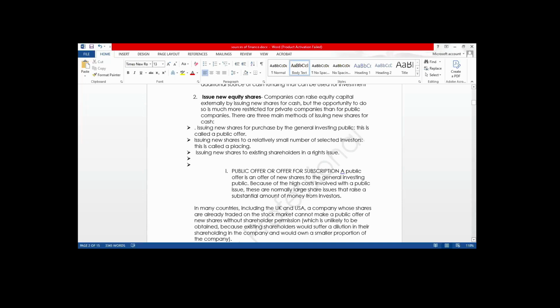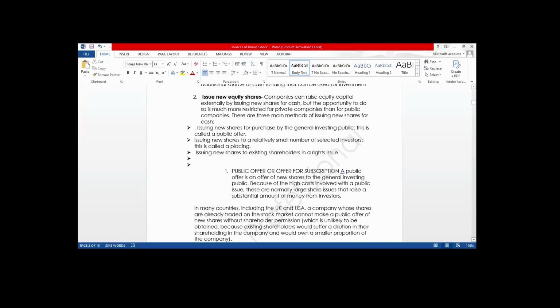If a company is planning to raise a substantial amount of money and the company is a publicly quoted company, that is, the company is listed in the stock exchange, then the company can do public offer, issuing of new shares to the general investing public.